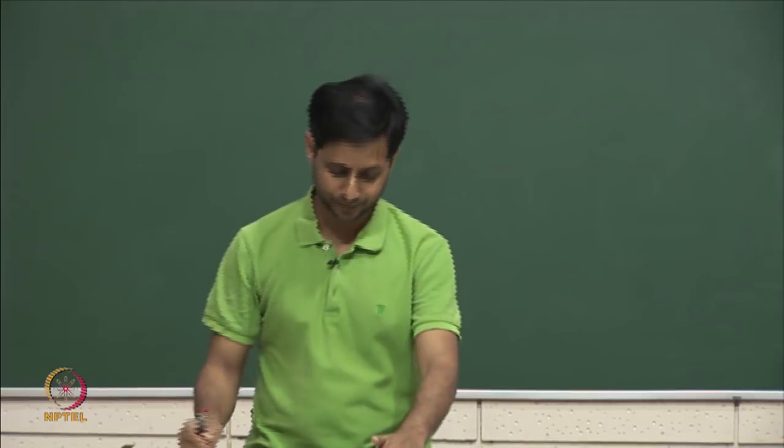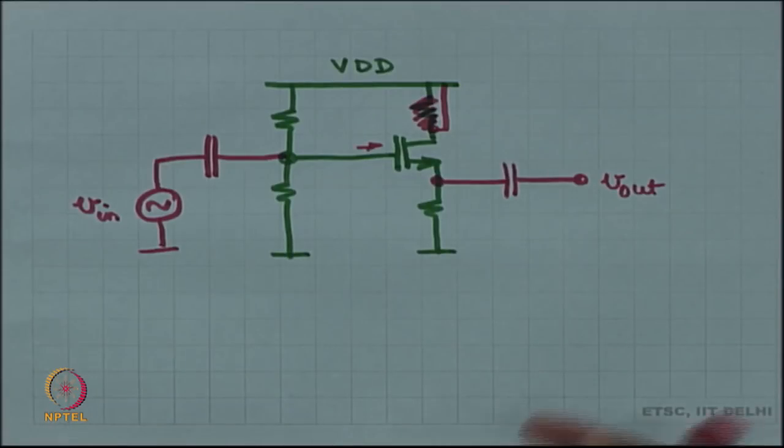You have got your DC operating point circuit shown in green, and on top you put the coupling capacitors, so that you can couple the signal in and then decouple the signal out. Fine.